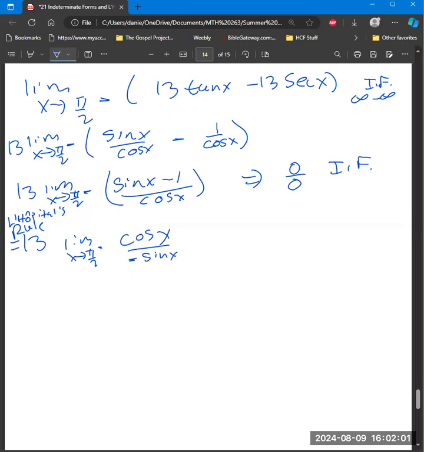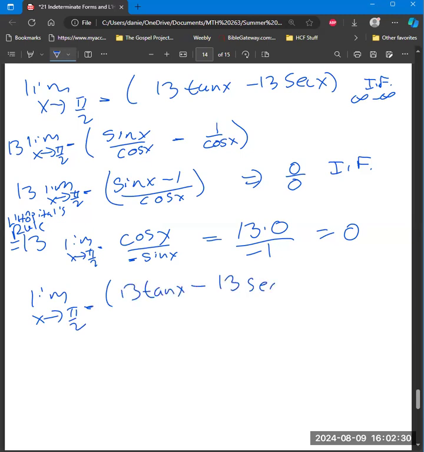And that is going to 0 over negative 1, which is going to be 0. And so the limit as x approaches pi over 2 from the left of 13 tan x minus 13 secant x is going to be 0.